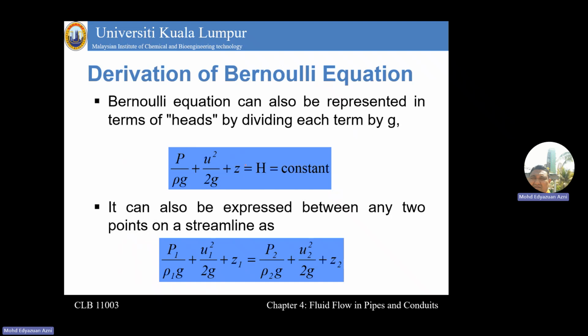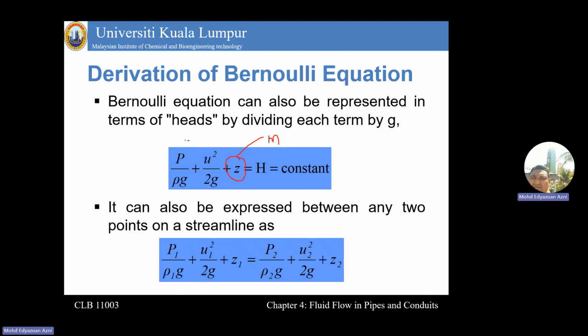For the elevation part, the original one is gz. When we divide by g, we leave only z. We know z is the elevation, and it is in meters, so it is the head for the elevation.